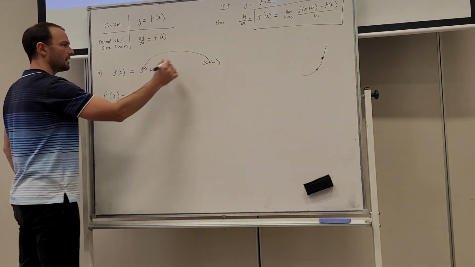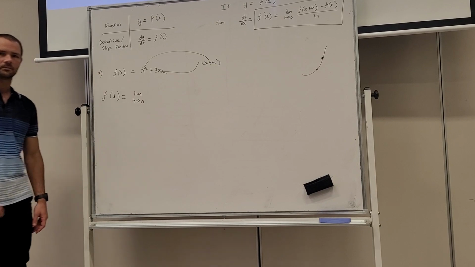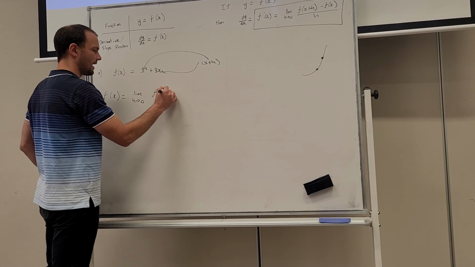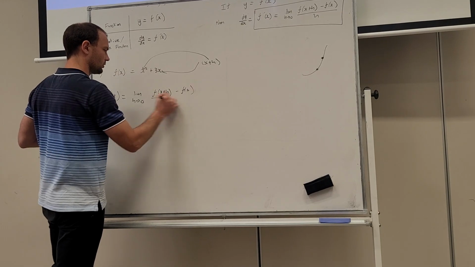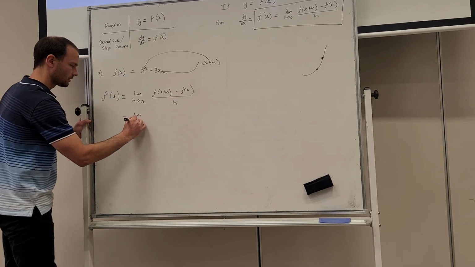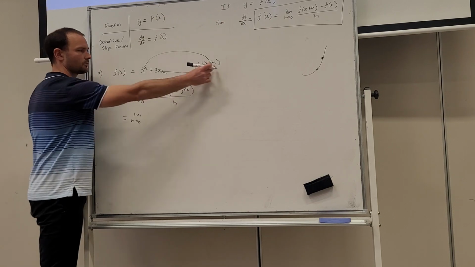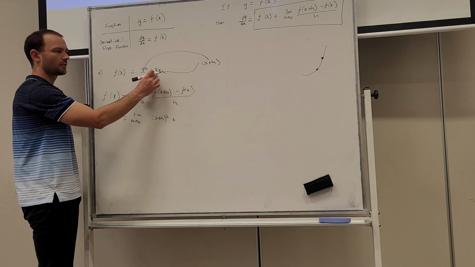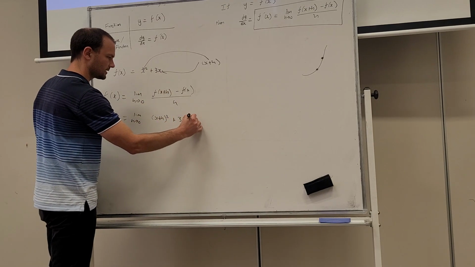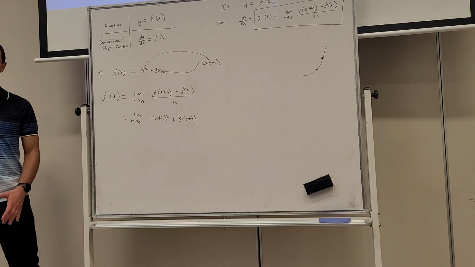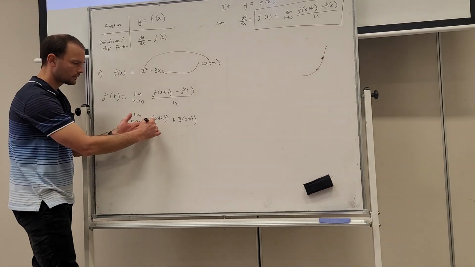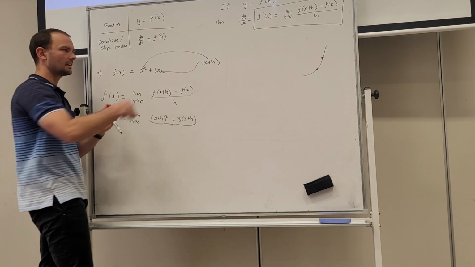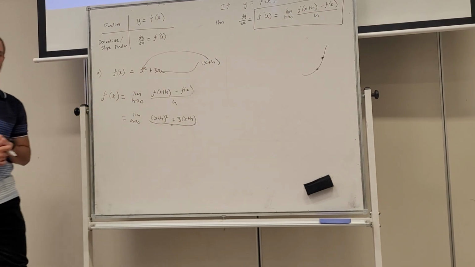So I'm going to put it there and I'm going to put it there. All right, f of x plus h, maybe I'll write it out and then show you the simplification. f of x plus h, we put x plus h there, so we'll have x plus h squared plus 3 times x plus h. Okay, this whole part is f of x plus h, right? All we've done is taken x plus h and substituted it into the f of x function.